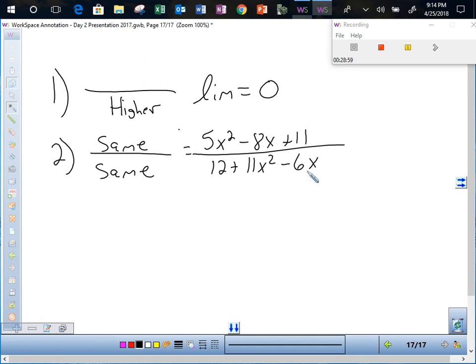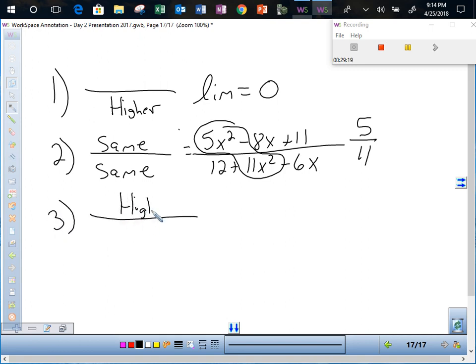I purposely mixed them up, but the highest power in both of them is x squared. So go find those. This has a limit of 5/11.